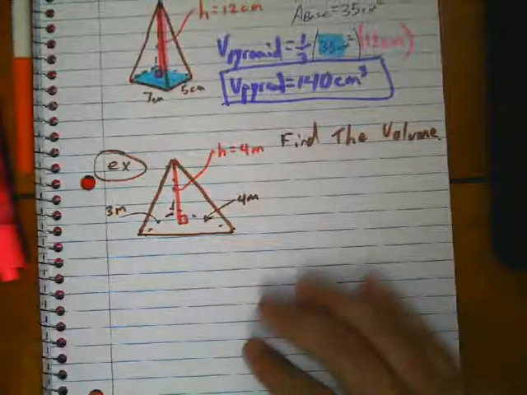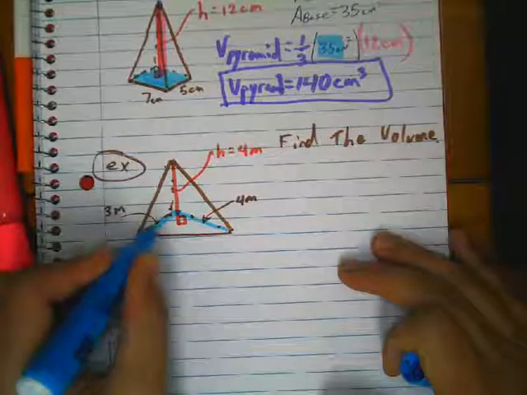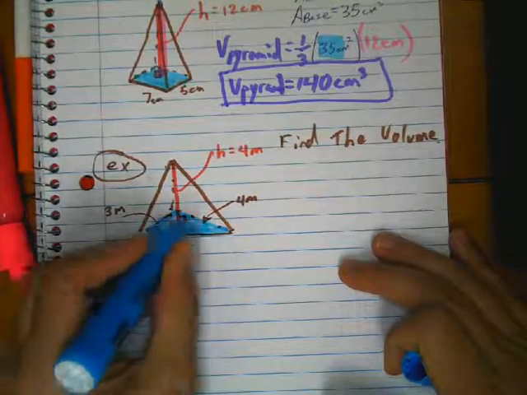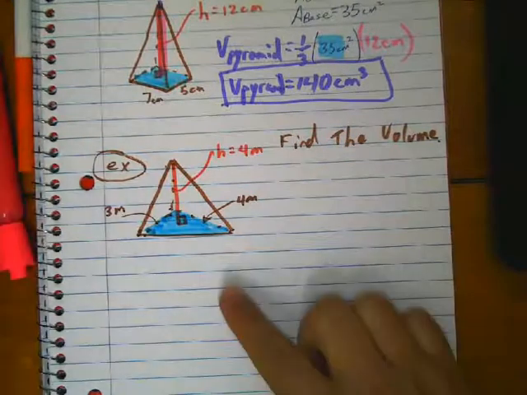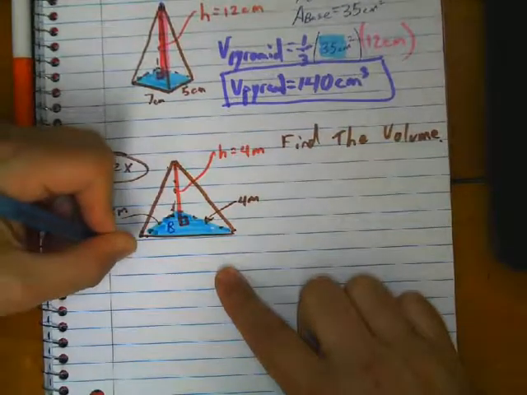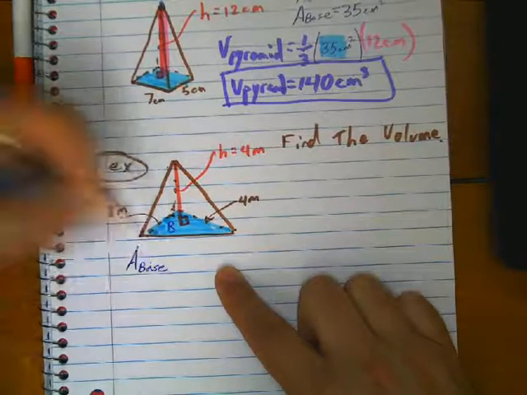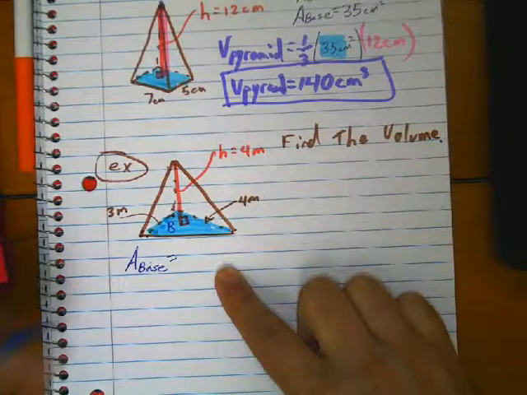Let's do one more. Now, this one might be a little trickier. My base area is a triangle. So the area of the base equals, oh, and there's supposed to be a little square there.